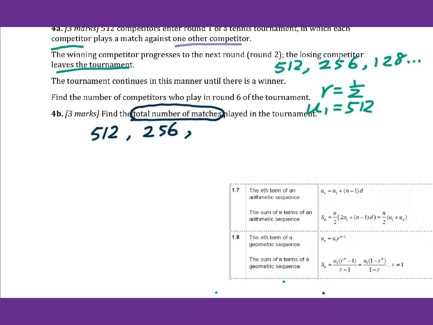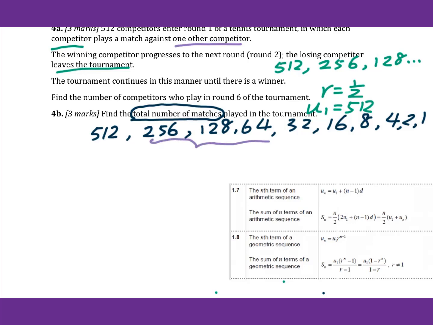Then they will play 128, 64, 32, 16, 8, 4, 2, 1. So basically, you need to add these together to get the total number of matches.